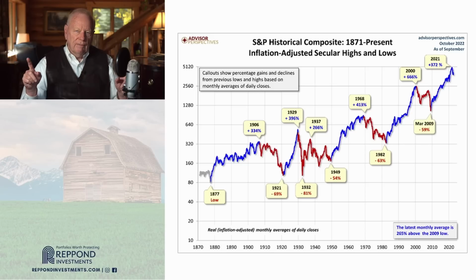In this 150-year history, there were four major bear markets. There were five major bull markets because the bookends are bull markets. And you can see the way they go.